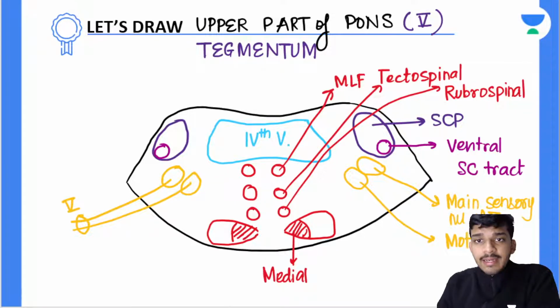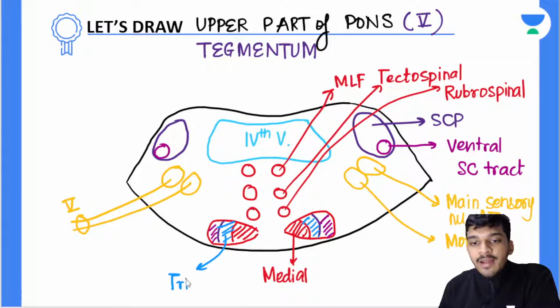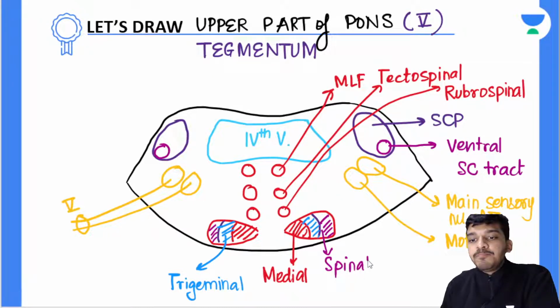Then in the same complex, you will have two other lemnisci. Please remember that you will first have the trigeminal lemnisci. In blue I have drawn the trigeminal lemnisci, and in this purple color I have drawn the spinal lemnisci.